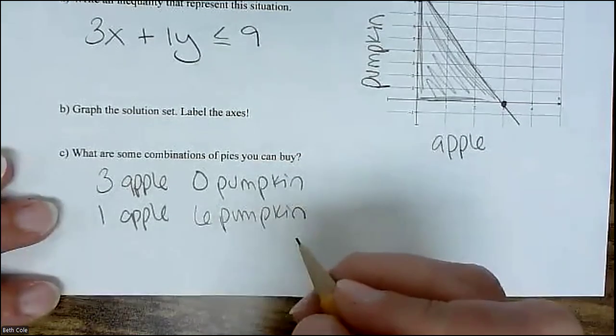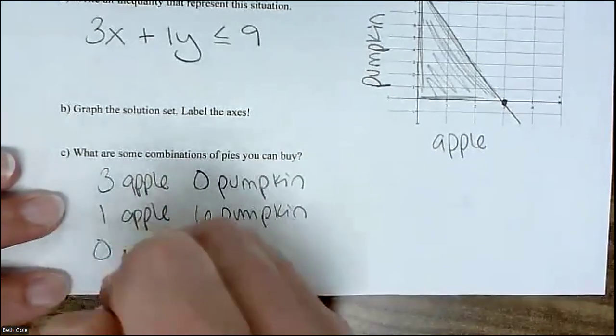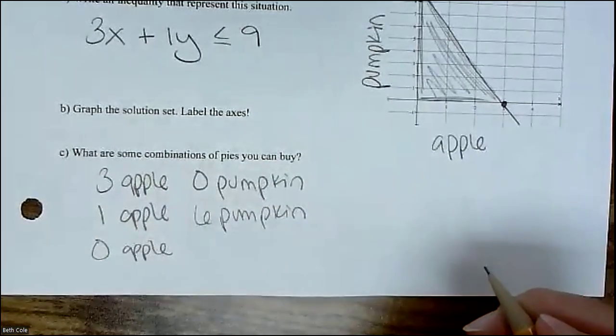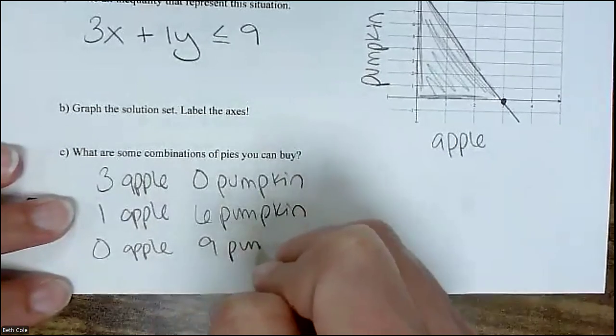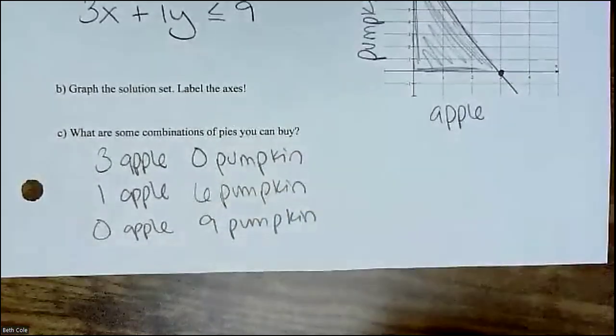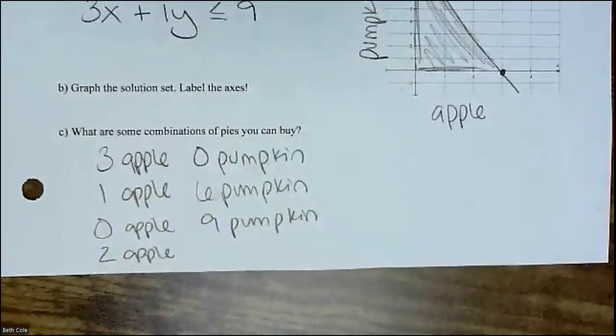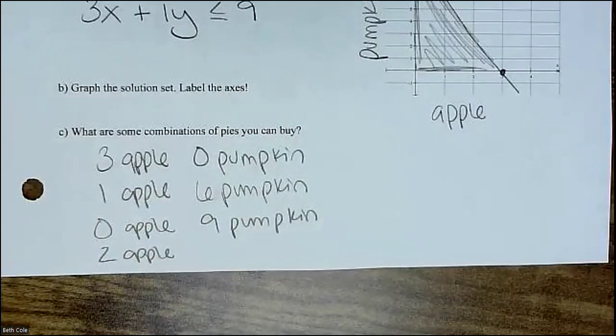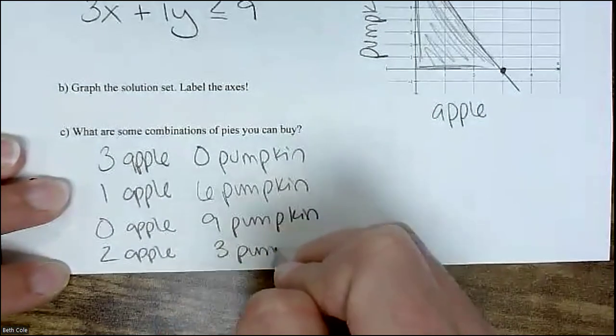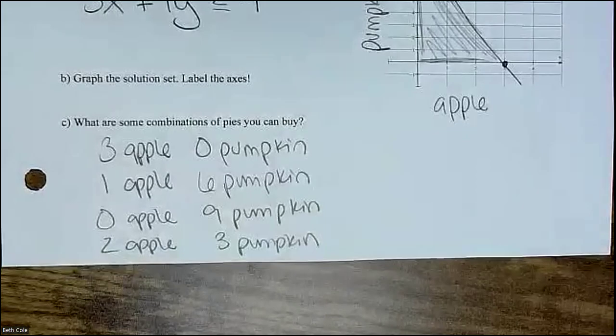If you did all pumpkin, so if you did 0 apple, how many pumpkin could you get? 9. And then there's one more option. All right, hold on. 2 apple. The apples are $3 each. That'd be $6. And you could get 3 pumpkin. Good job, guys. You got them all.